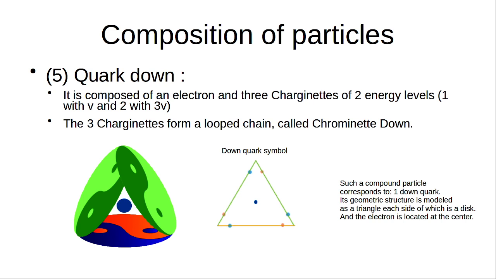The 3 charge nets form a looped chain called chrominate down. Such a combined particle corresponds to a down quark. Its geometric structure is modeled as a triangle, each side of which is a disk, and the electron is located at the center. Here is the down quark symbol.